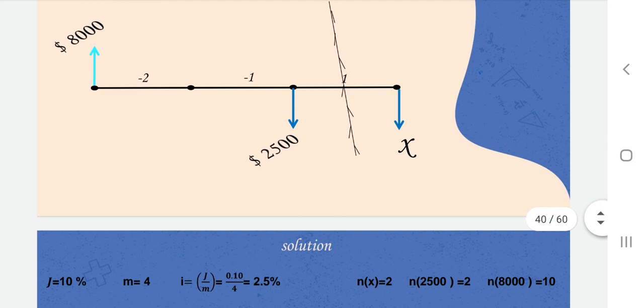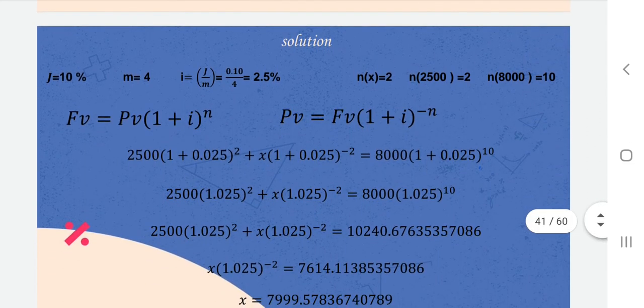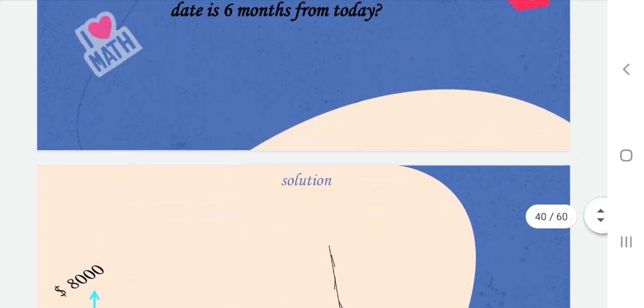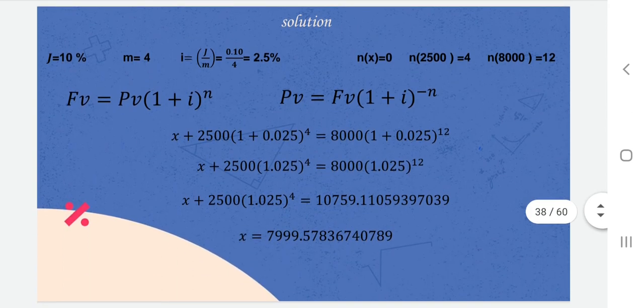So M for $8,000 equals 2 times 4 plus 6 over 3, which equals 10 periods. By substituting in the formula of future value and present value, we can get X equals 7,999. The same solution as problem number 15.